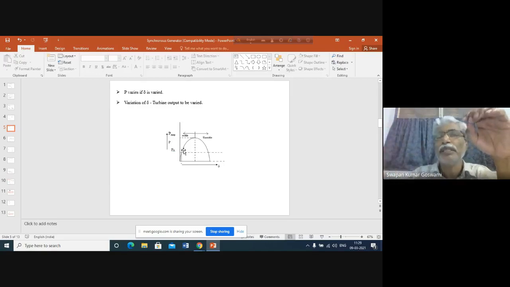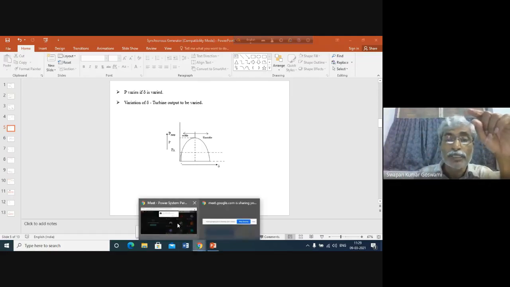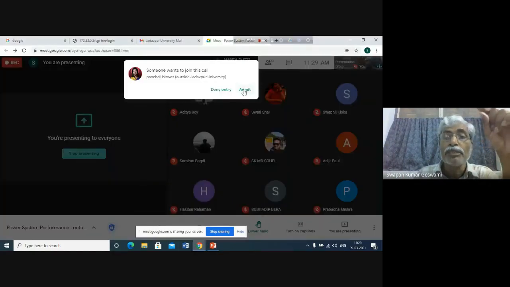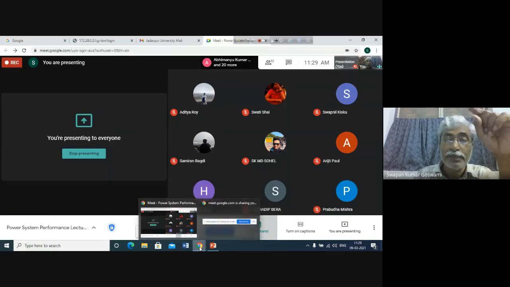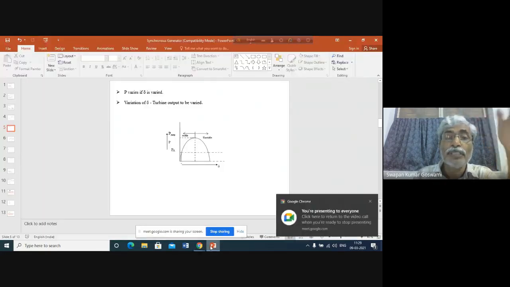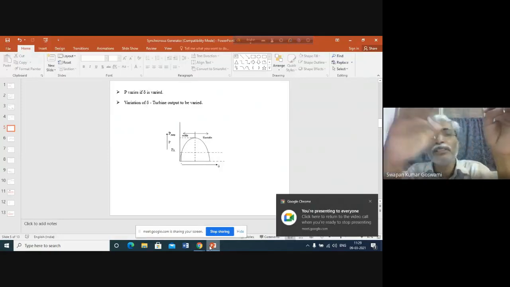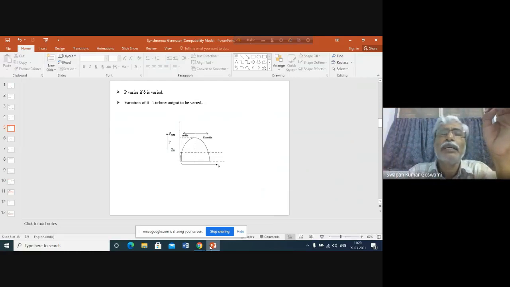In this way, there will be a to and fro movement of the generator rotor with respect to the infinite bus voltage. That means the generator rotor will oscillate around the synchronous speed. Sometimes the speed will be above synchronous, and sometimes below synchronous.